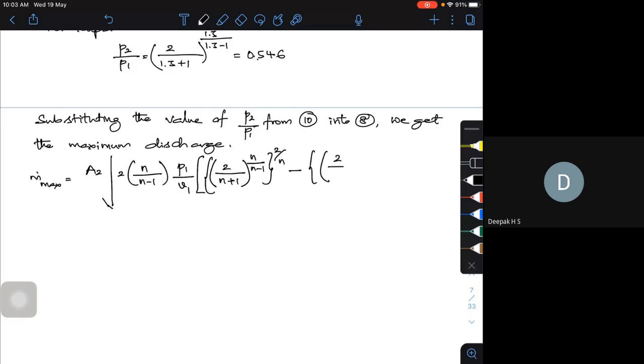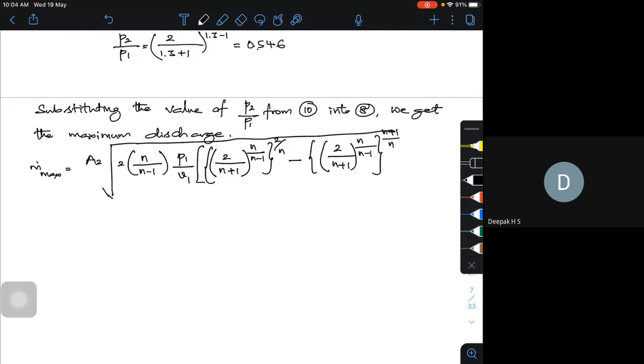This will be (2/(n+1))^(n/(n-1)), whole to the power of (n+1)/n. So this is a complete square root, the square root of A2 into this particular thing.